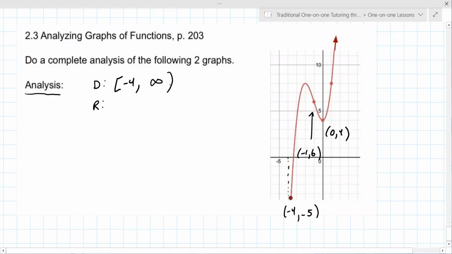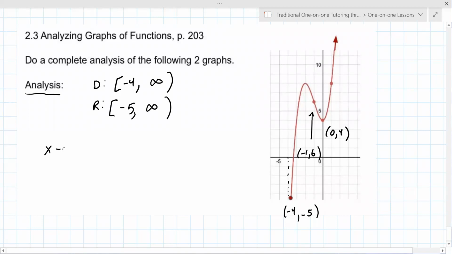Forever. That's what this up arrow means. Now your range: what's the smallest y value? -5. And how far up does it go? Infinity.